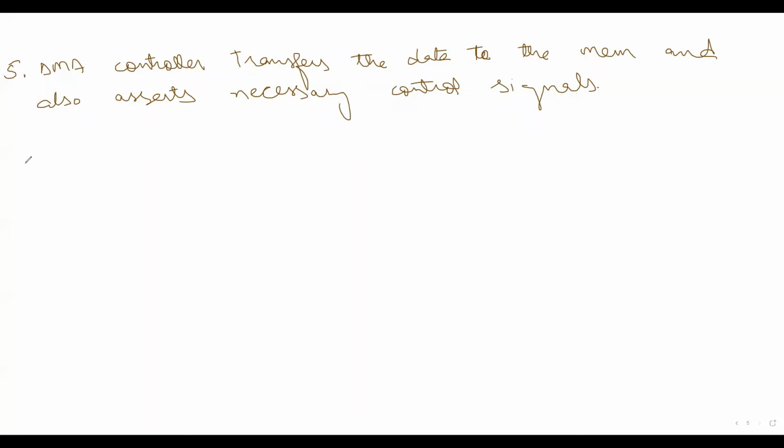After the completion of data transfer, the DMA controller sends a signal EOP, the end of process pin on the DMA controller. It sends a signal through this pin, and this determines the data transfer completion.